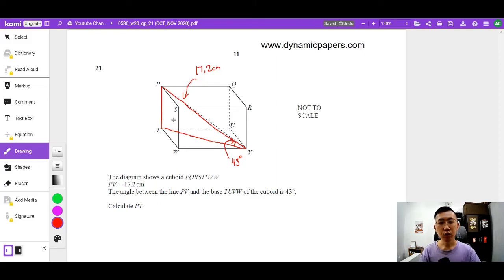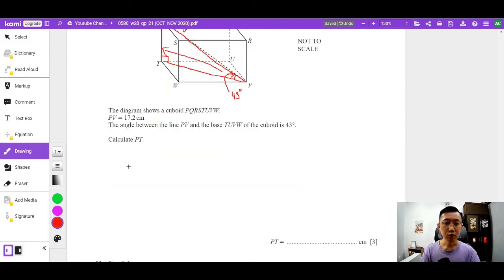Here we need to use trigonometry. I need to find the opposite. Opposite is my PT. I am given the hypotenuse. Here is always 90 degrees. I'm given the hypotenuse, so I have to use sine.